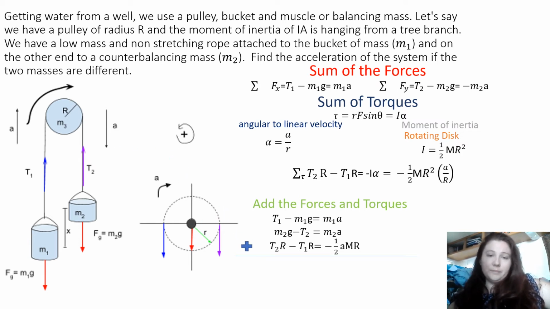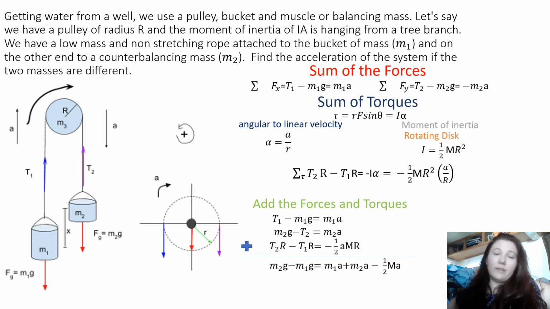Now what do we do next? We add them up. So we're left with mass 2 times gravity minus mass 1 times gravity is equal to mass 1 times the acceleration plus mass 2 times the acceleration minus 1/2 times the mass and acceleration. Okay, so what are we looking for? Well, we need to solve for acceleration.